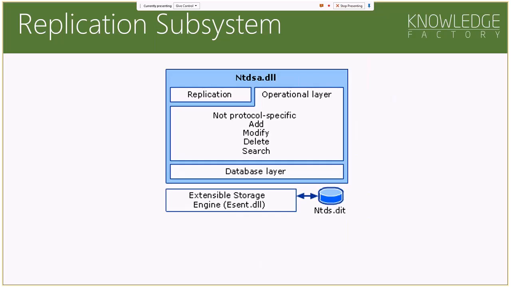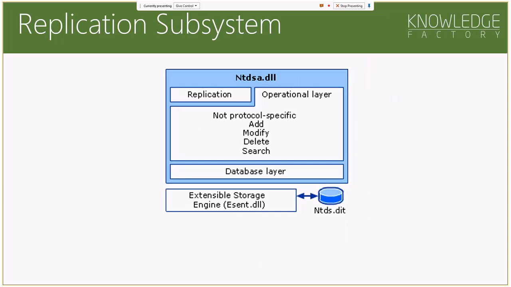So if we look at these components, we have the ntdsa.dll, short DSA, which provides the interfaces through which the directory clients and other directory servers gain access to the directory database. We have the replication, the DRS it's called. It's an interface which communicates with the database through RPC. We have the operational layer, which performs the low-level operations on the database without regard for a protocol.